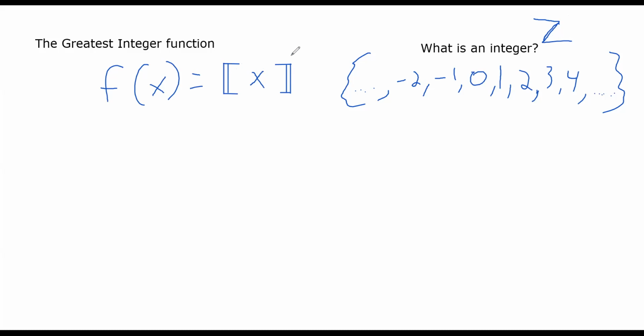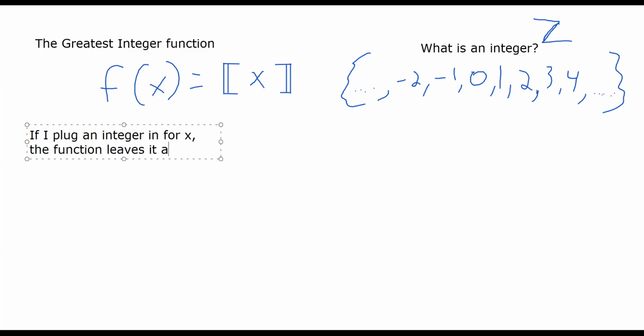At any rate, what the greatest integer function does is that if I plug an integer in for x, the function leaves it the same. So if I plug a 5 in, it leaves it as a 5. If I plug a -6 in, it leaves it as a -6. But things get interesting when you plug non-integers into it.